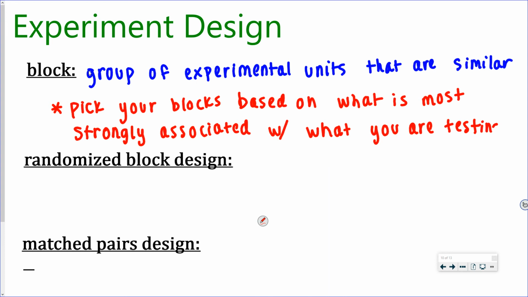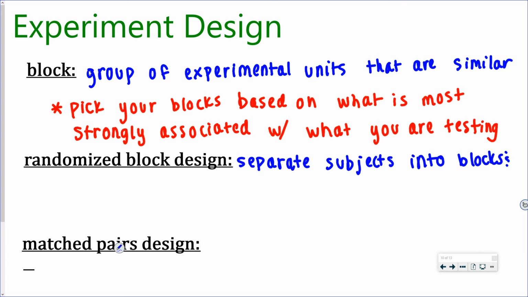Okay, so that's one type of experiment design, something called a block. Randomized block design: you separate your subjects into blocks, and then randomly assign treatments within each block.